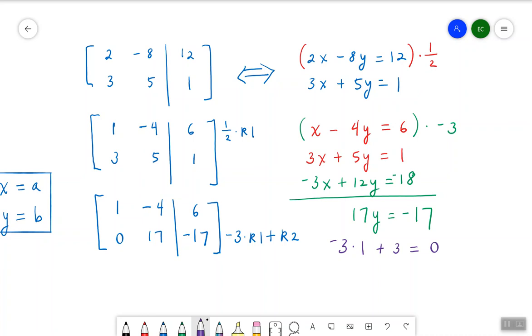Then I'm going to do the same thing in the next column and the column after. -3 times -4 plus 5 is +12 plus 5, which is +17, and there it is. And then -3 times 6 plus 1 is equal to -18 plus 1, which is -17, and there it is.